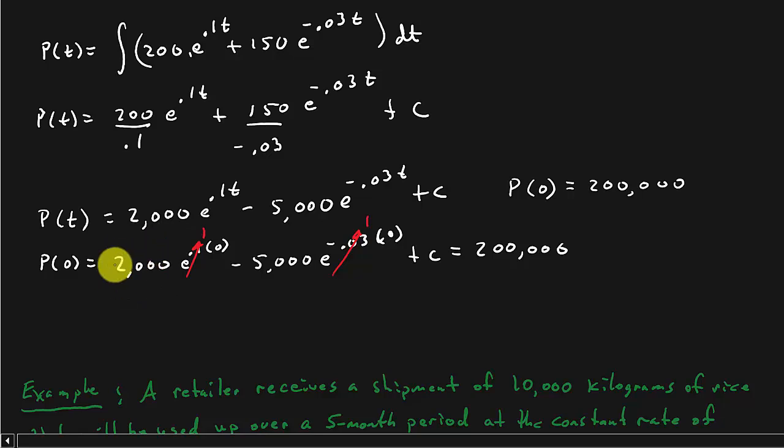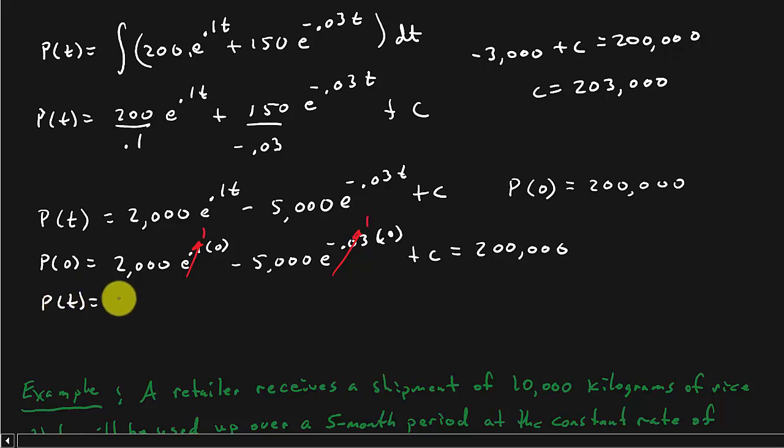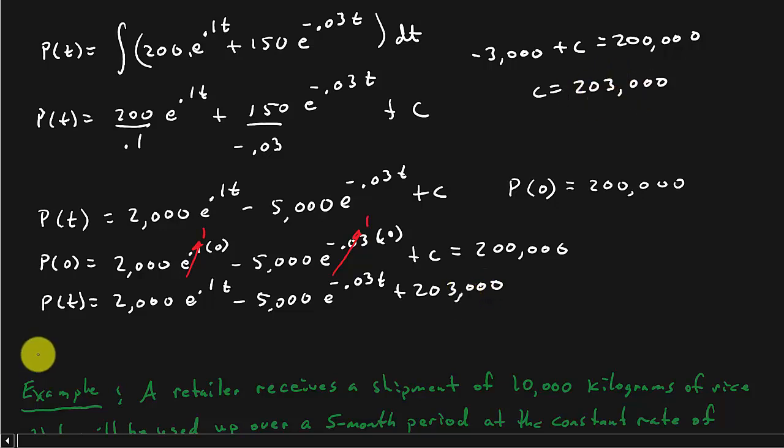I get 2,000 minus 5,000 is negative 3,000 plus my C equals 200,000. So C is equal to 203,000. And so I get P of t is equal to 2,000 e to the 0.1t minus 5,000 e to the negative 0.03t plus 203,000. See, we replaced the C with the 203,000.